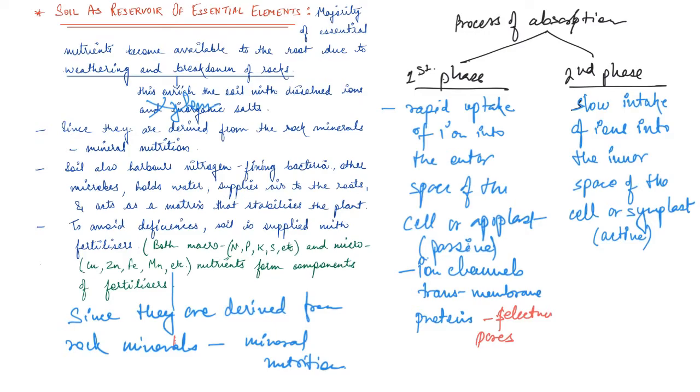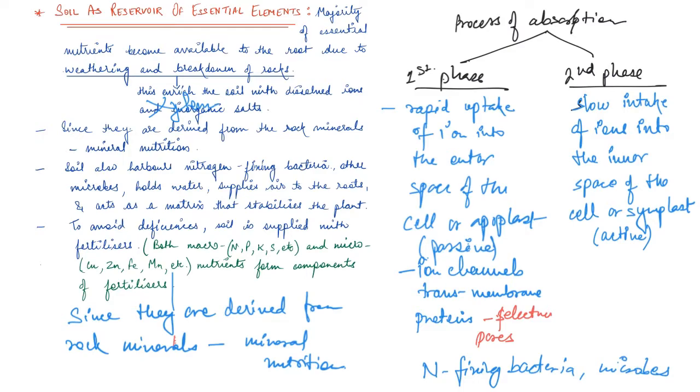So basically, guys, now we are saying that soil consists of a wide variety of substances and it does not only supply minerals, it also harbors various nitrogen fixing bacteria and even other microbes as well, right? So basically, these nitrogen fixing bacteria and other microbes help in different types of mineral nutrition absorption.